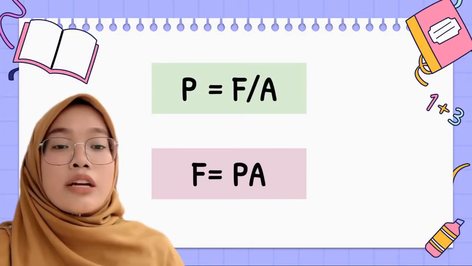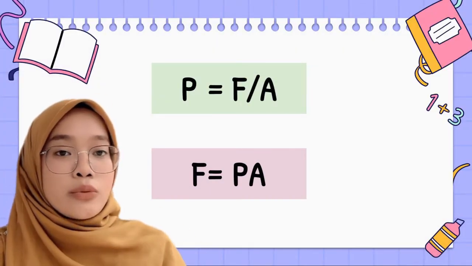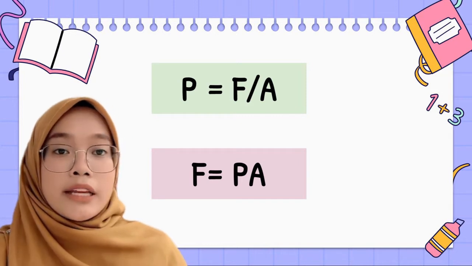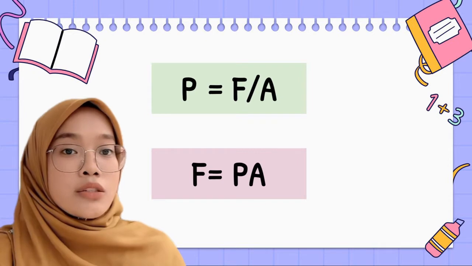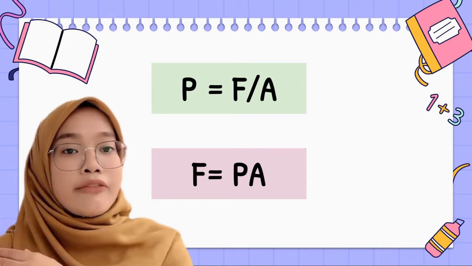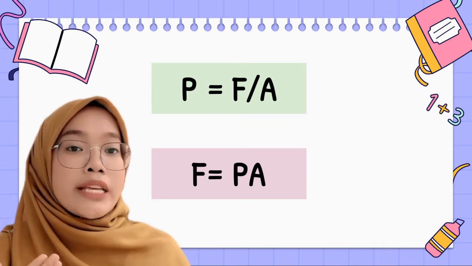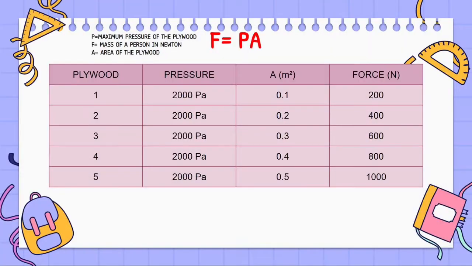So the formula for pressure is P equals F over A. In this experiment, we are going to find the force, so we are going to put the force in front so that it will be easier in our calculation. So, this is the data that Arshad got from conducting his observation experiments.